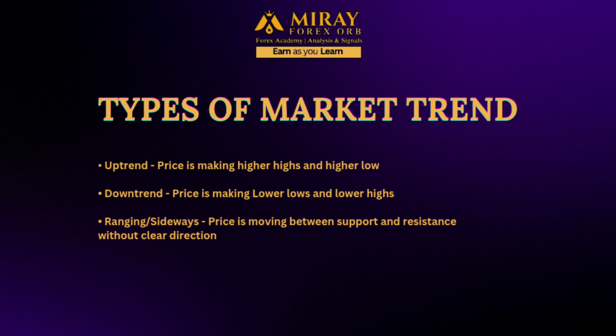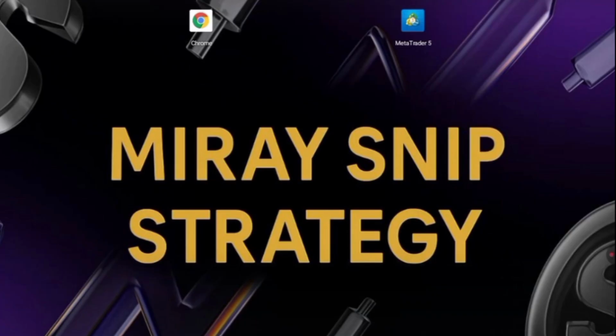So these are the 3 types of major trend which we have. All right, uptrend is the price making higher highs and higher lows. Downtrend is the price making lower highs and lower lows. Then ranging or sideways trend is price moving between support and resistance without clear direction.